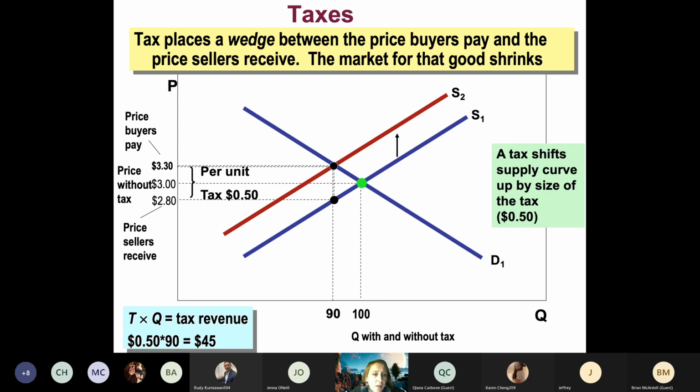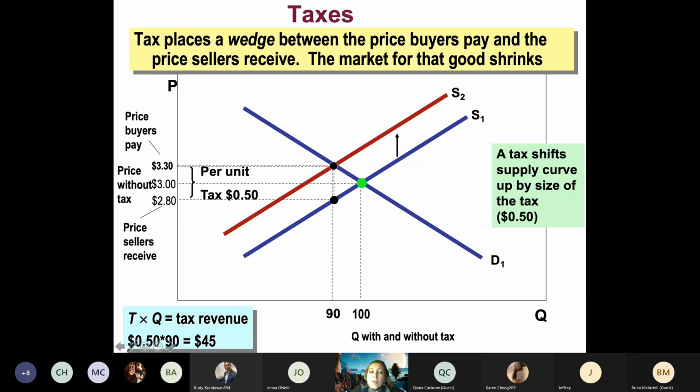And then on this graph, we can compute the amount of tax revenue. So now the new price that the seller receives is $2.80 and the buyer pays $3.30. And at that new price, less is sold.